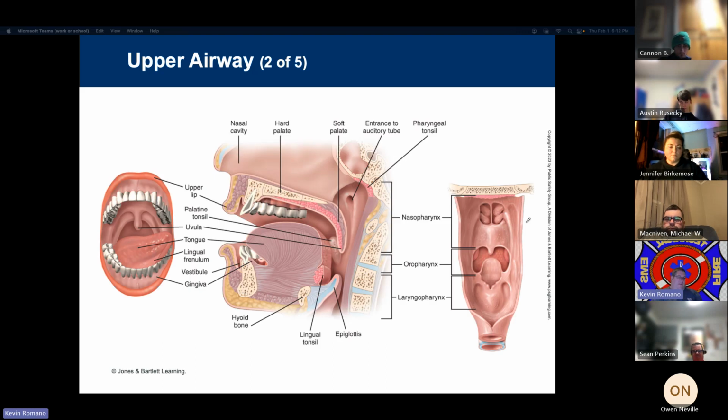So looking here, right? So what we have, I'm trying to sort of decipher all this here really quick. So we have our nasal cavity, the hard plate or hard palate, and soft palate. Why is this important here?